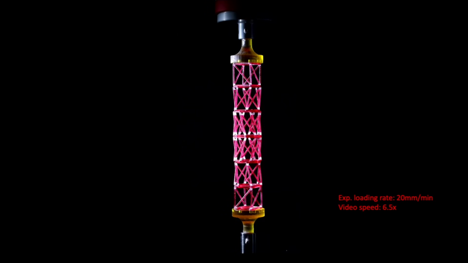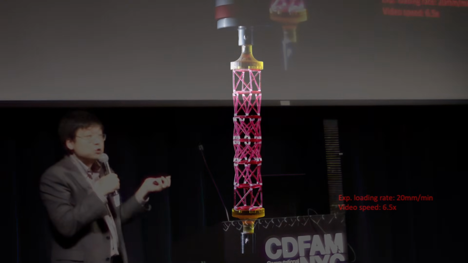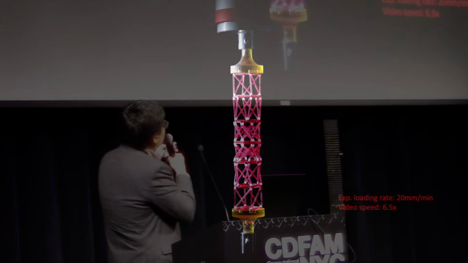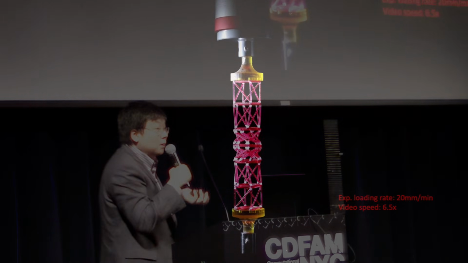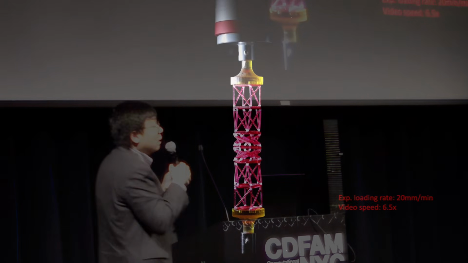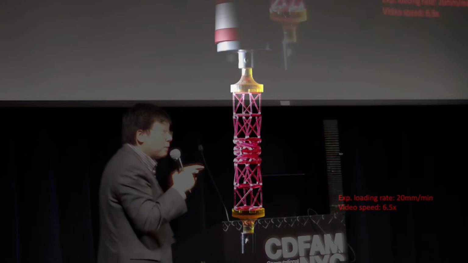Now let's look at some experiments. In this array, I'm building all the cells with the same material but different geometry. When I load it, the two cells with the 8-gon geometry deform first. Why? Because among all the geometries, 8-gon has the lowest energy barrier.